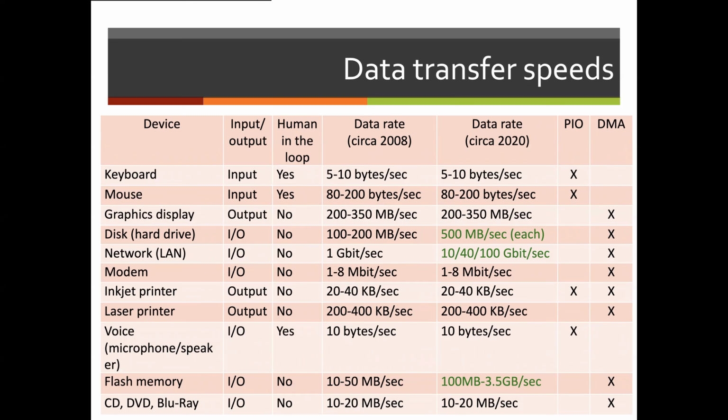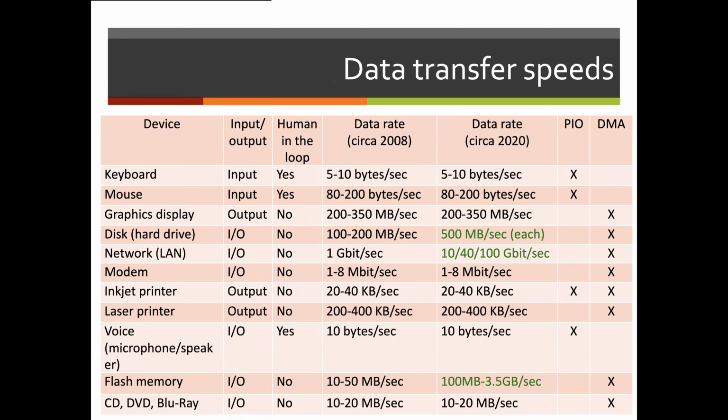So once we've set our buffer and it's ready, we can initiate the transfer of the buffer contents into our devices. And so when we consider some of the appropriate data transfer speeds, we want to consider how fast they can transfer.